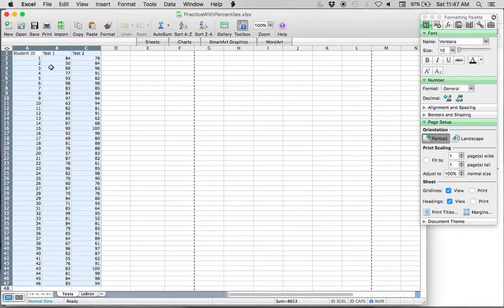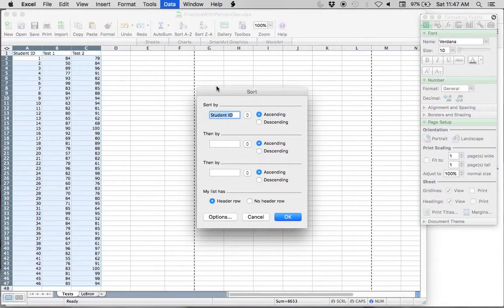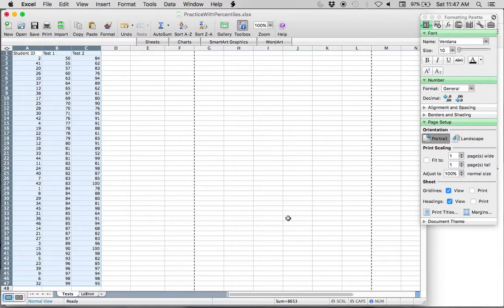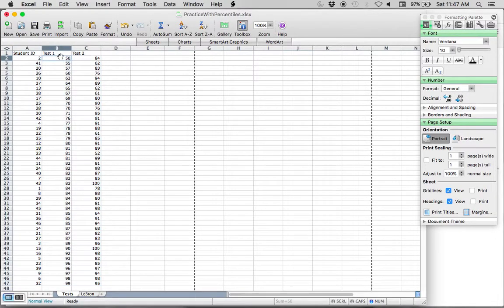So here we'll take test 1. And right now it's not sorted. We need to sort from smallest to biggest, right? So I just have to go up here to data, sort, and after I've highlighted all the data I'm working with, I go to test 1, ascending, that's fine. Okay, so now it's sorted: 50, 55, 57, 60, alright?